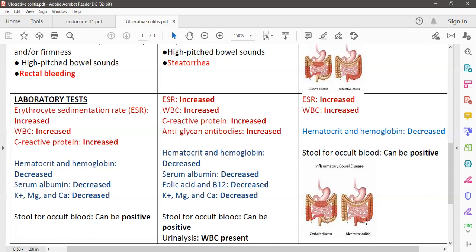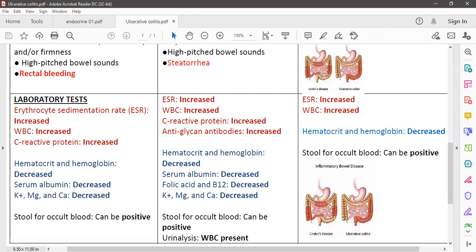When a patient has ulcerative colitis, they usually complain of pain in the lower left quadrant with fever, right?